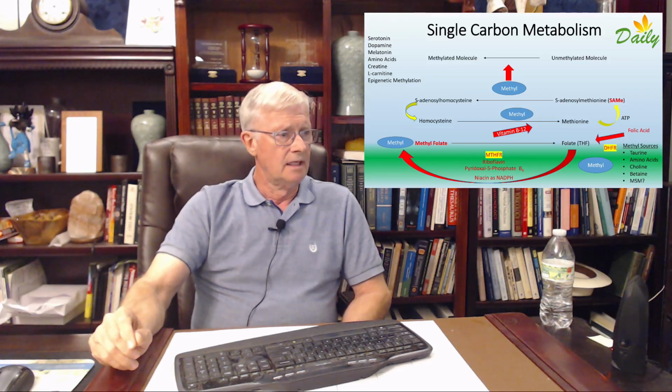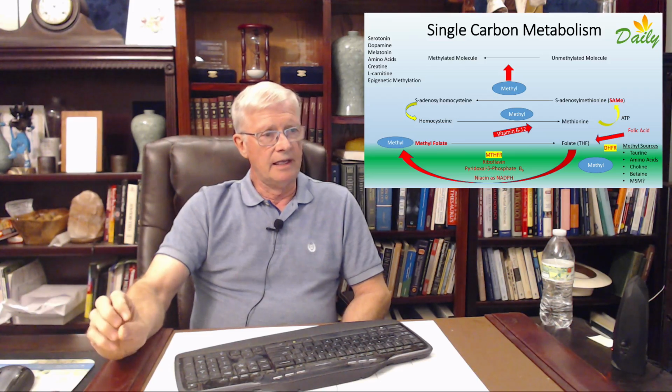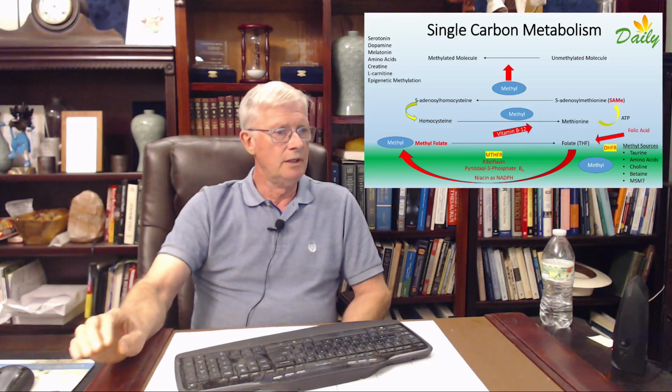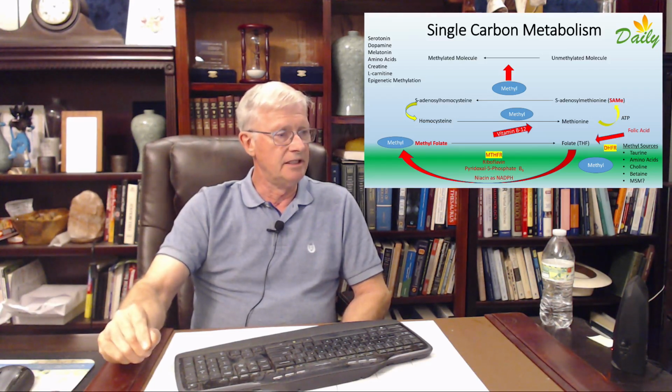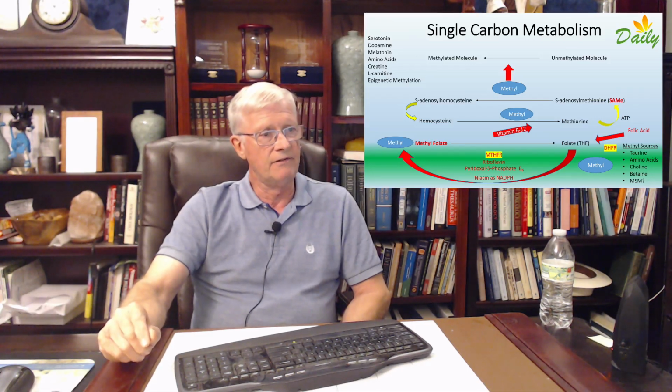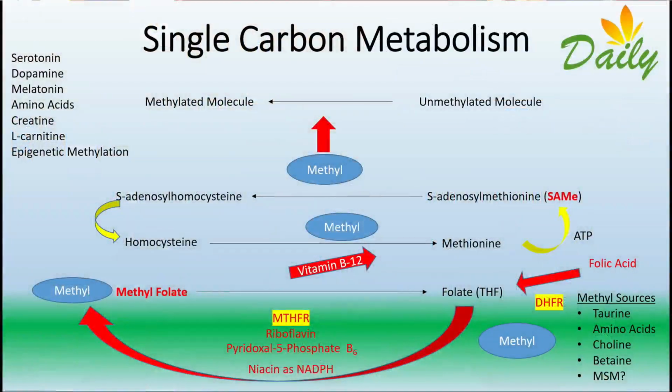Now, you'll notice that I have two things highlighted in yellow down there, the DHFR, dihydrofolate reductase, going from folic acid to folate, tetrahydrofolate to be more precise, and MTHFR, the enzyme we mentioned a while ago, the 5,10-methylene tetrahydrofolate reductase.